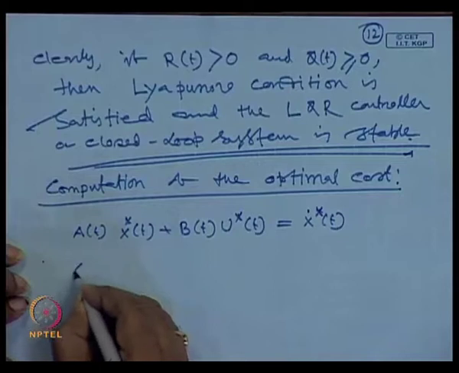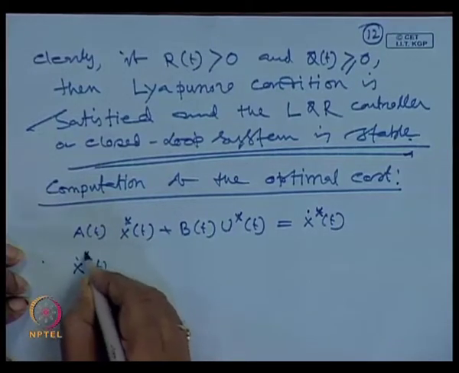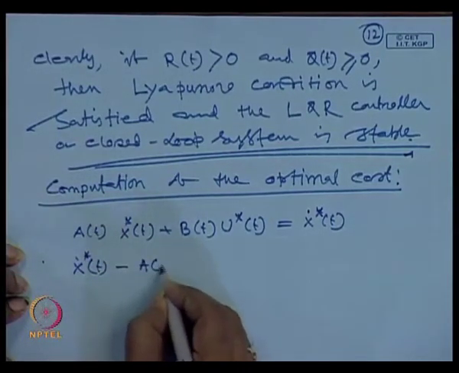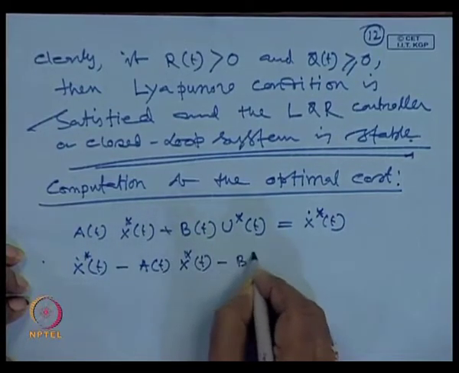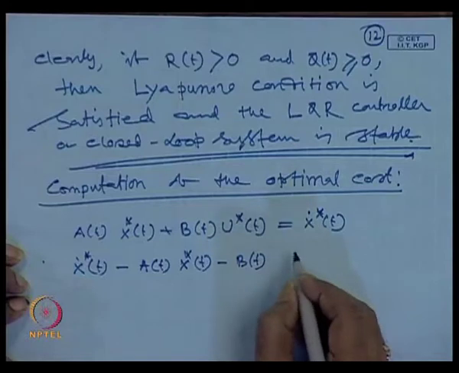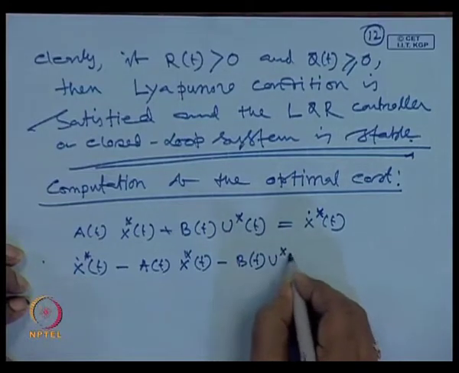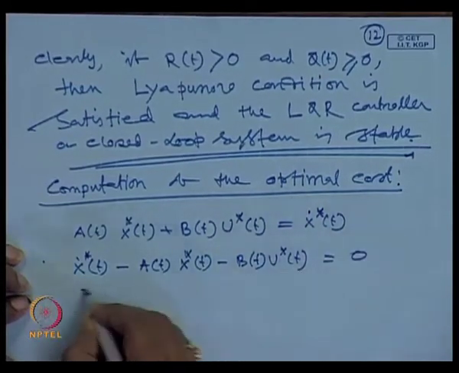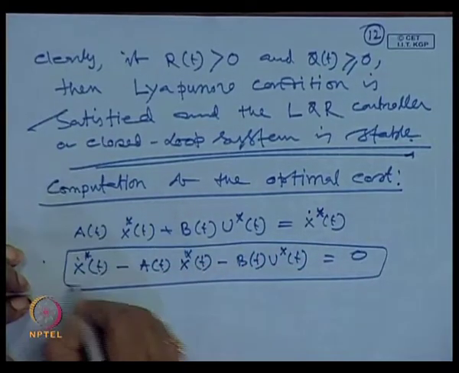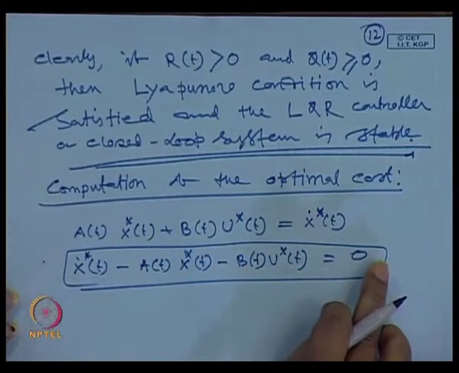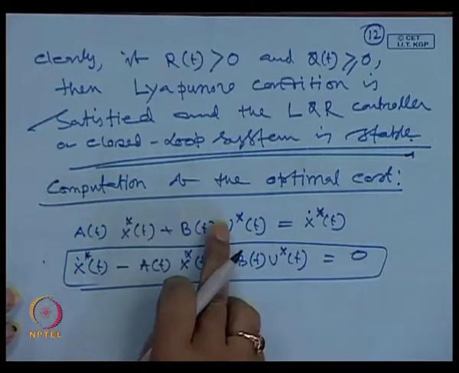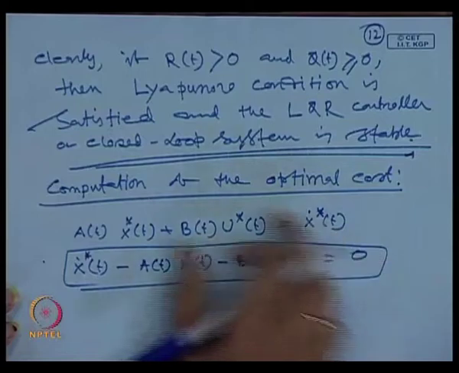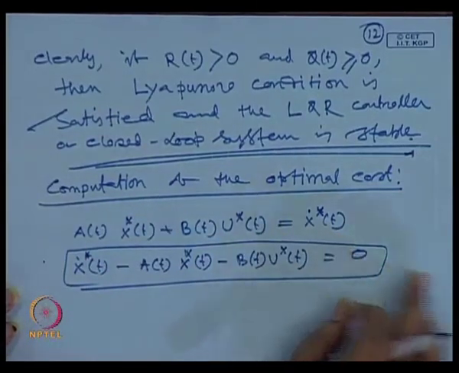This implies that x dot star of t minus A of t x star of t minus B of t u star of t must be equal to 0, since with the knowledge of the optimal control law u, the optimal trajectory we got must satisfy our own dynamic equations.